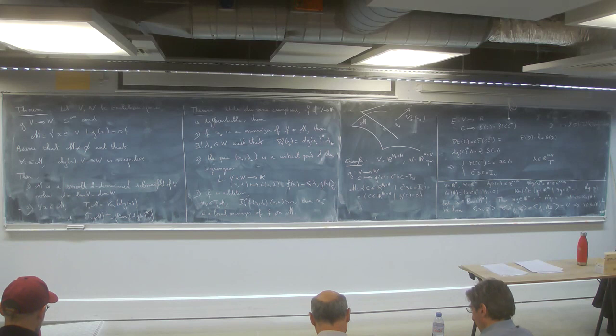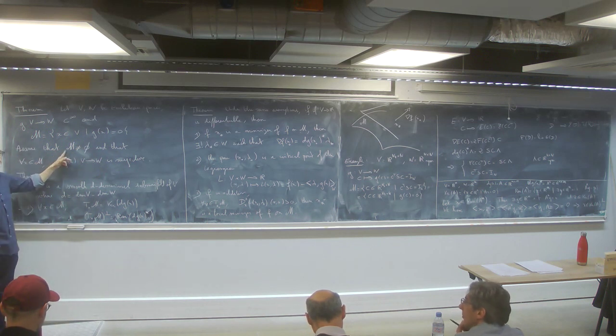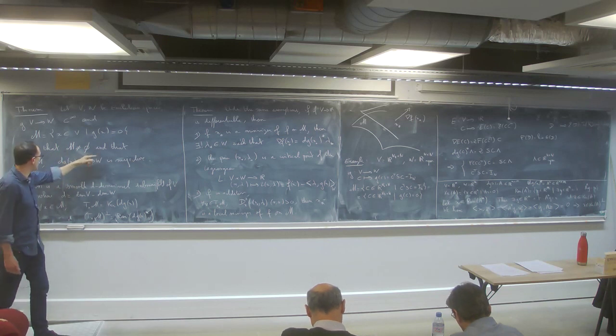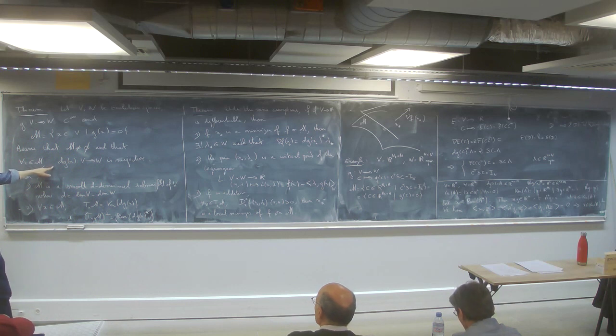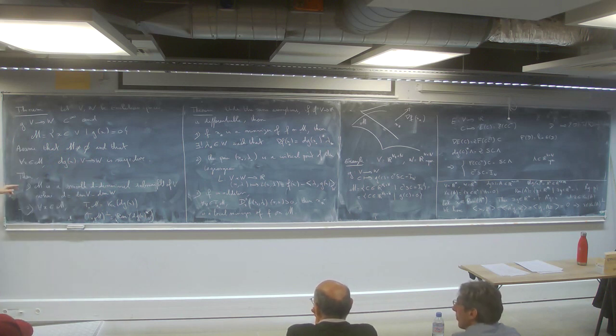This theorem, which is a special case of the submersion theorem, states that if you take two Euclidean spaces V and W, and if G is a smooth function from V to W, and you consider M as the set of points of V such that G of X is equal to 0, and if you assume, I forgot to mention that yesterday, that this set is non-empty, otherwise there is not much to say, and that for all X in M the derivative of G at point X, which is a linear map from V to W, is surjective, then M is a smooth D-dimensional submanifold of V, and the dimension of the manifold is simply the difference of the dimensions of V and W.